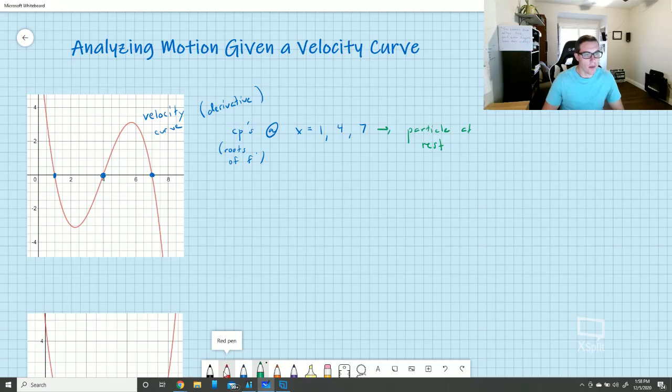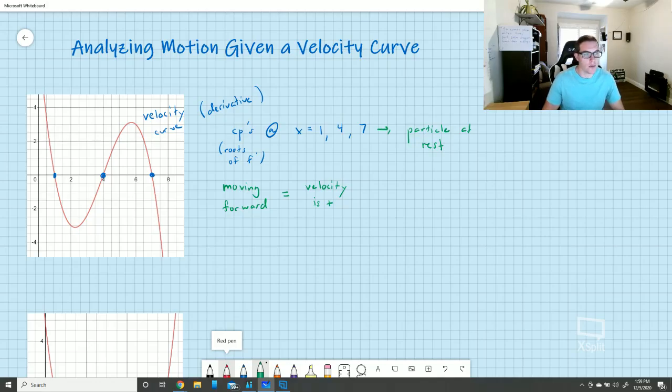So let's start talking about where the particle is moving forward. We'll say this is all forward, backwards. Remember, forward, right, up are all the same. That's positive. Backwards, left, down is all negative. So let's talk about where the particle is moving forward. Well, when the particle is moving forward, that's when the velocity is positive.